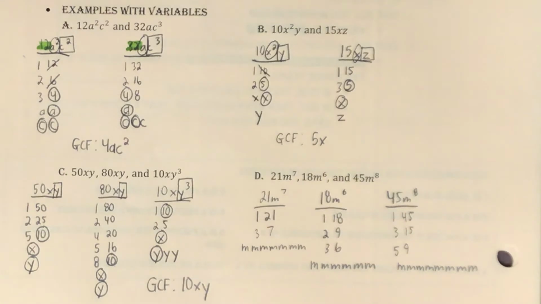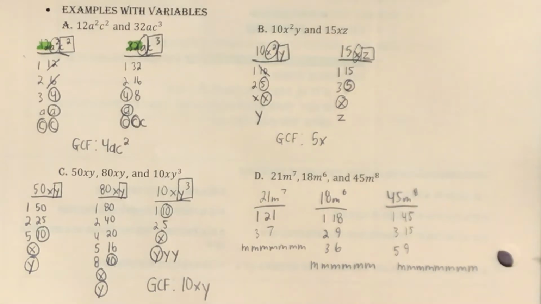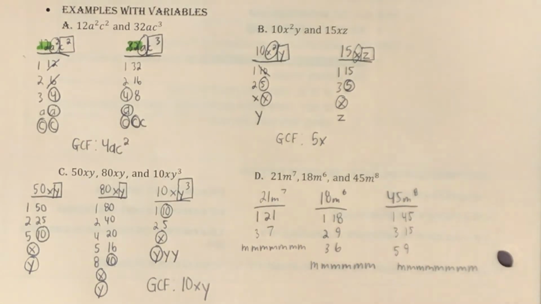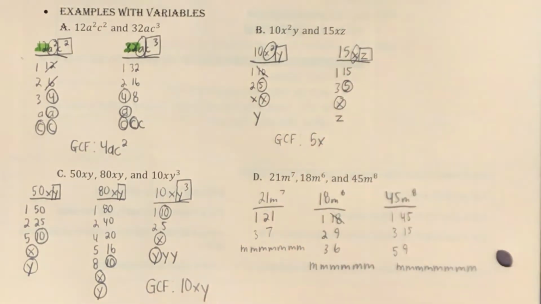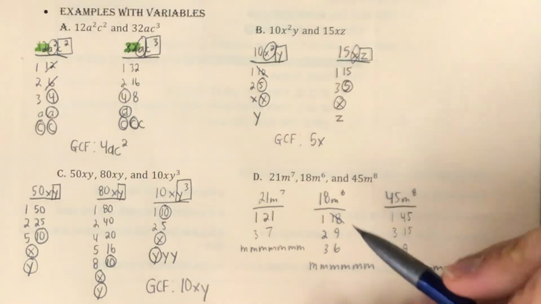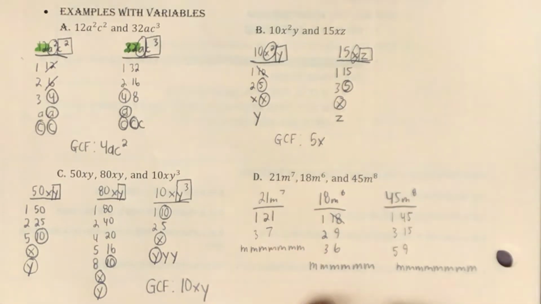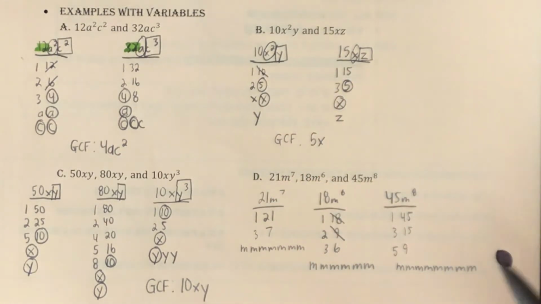And then again, start with the smallest number of the 3 on the list, which is 18, and see if 18 goes into all of them. 18 is on this list, but it's not on that list, and as soon as I recognize it's not on a list, it means it's not a part of the greatest common factor. Is 9 on all lists? 9 is on this list, but it is not on that list, so even if it's on this one, which it is, it's not the greatest common factor because it's not on all 3 lists.